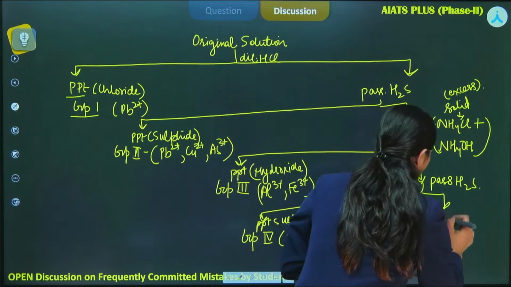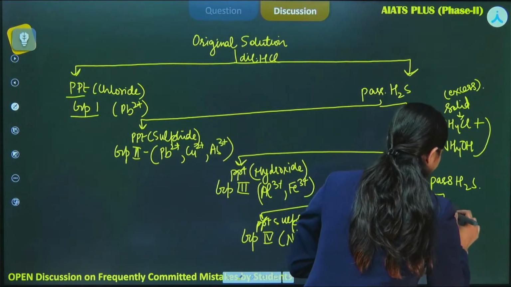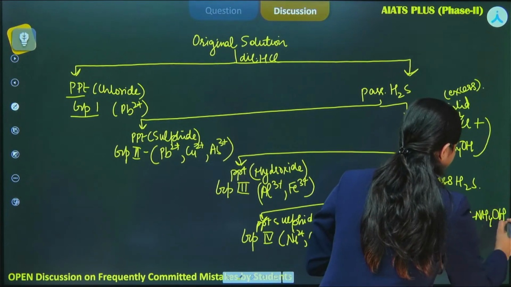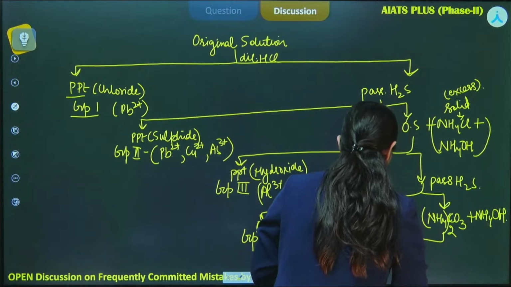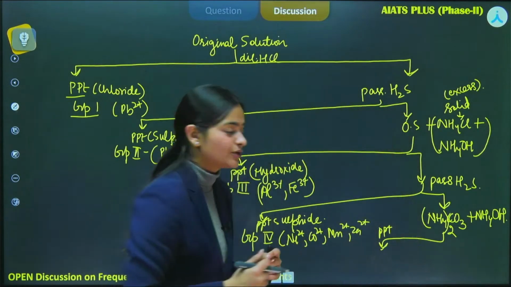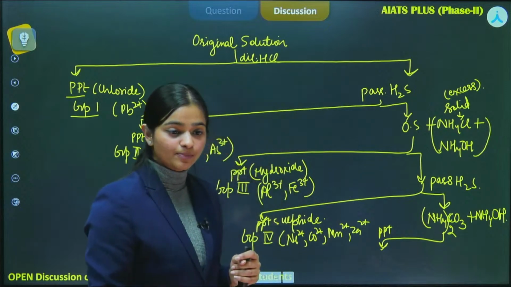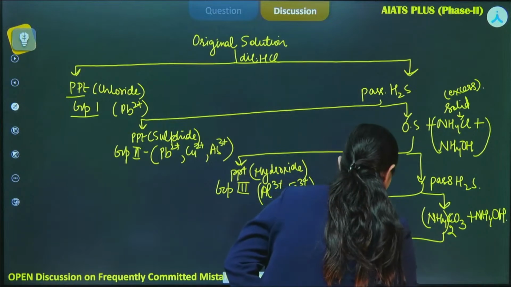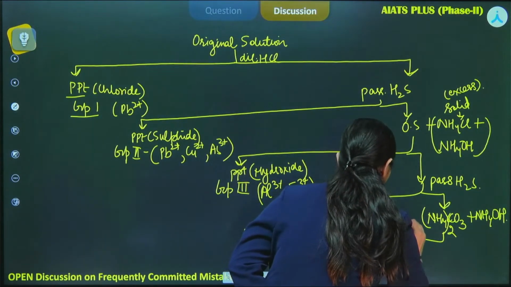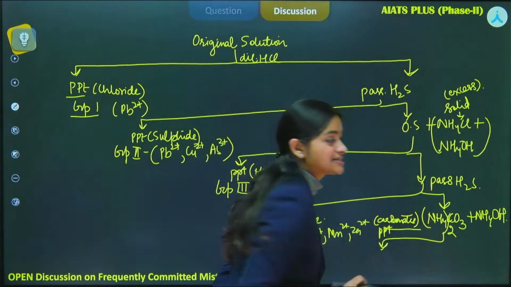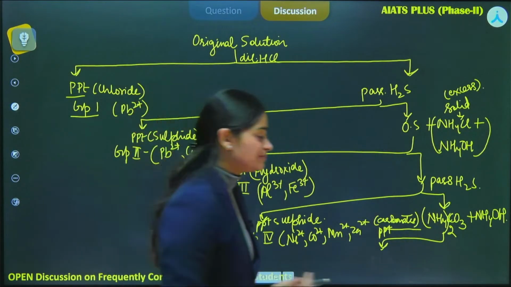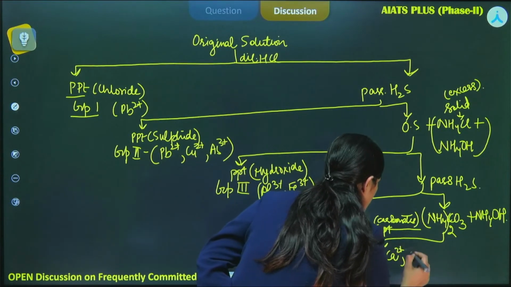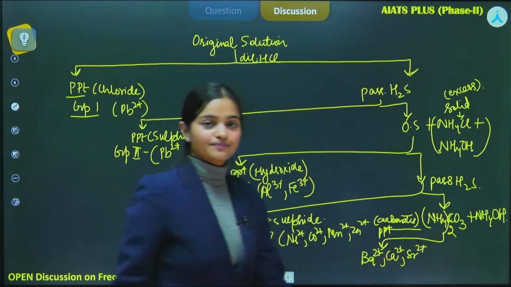And if still PPT is not formed, then what will happen? We will add ammonium carbonate and ammonium hydroxide. If PPT is formed, then the PPT will be of a carbonate and group 5 will be formed, and the possible cations can be barium 2+, calcium 2+, or strontium 2+, right?